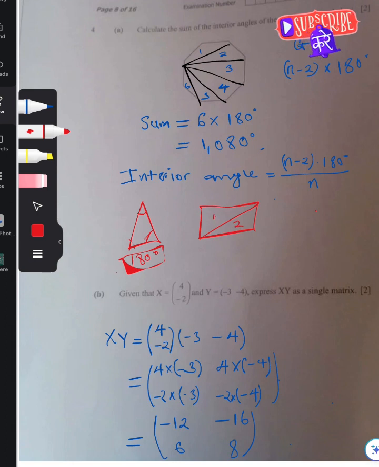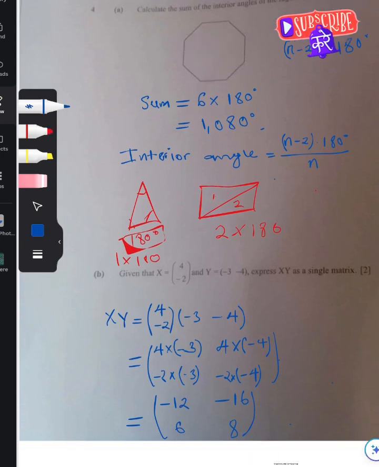So the first one you have 1 multiplied by 180, and this other one you have 2 triangles multiplied by 180. So in simple terms, given any polygon, you just count the number of triangles that you can draw in that polygon and multiply them by 180.